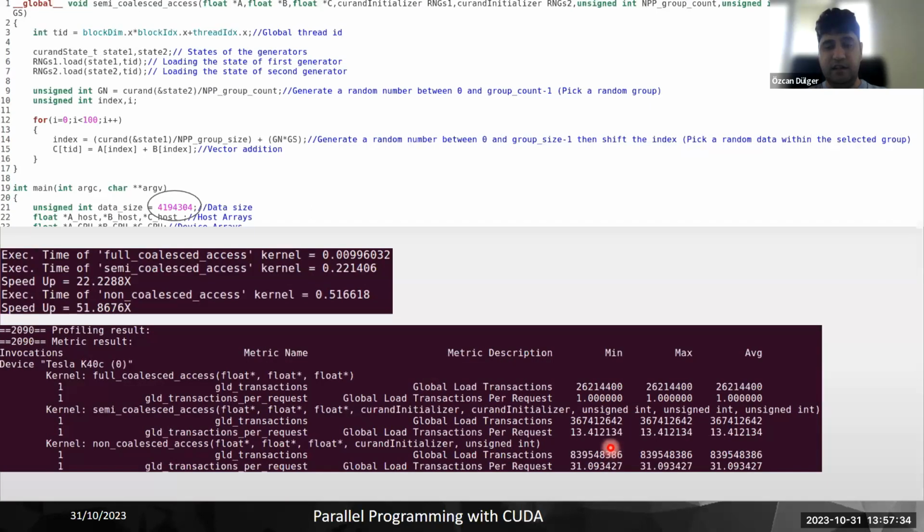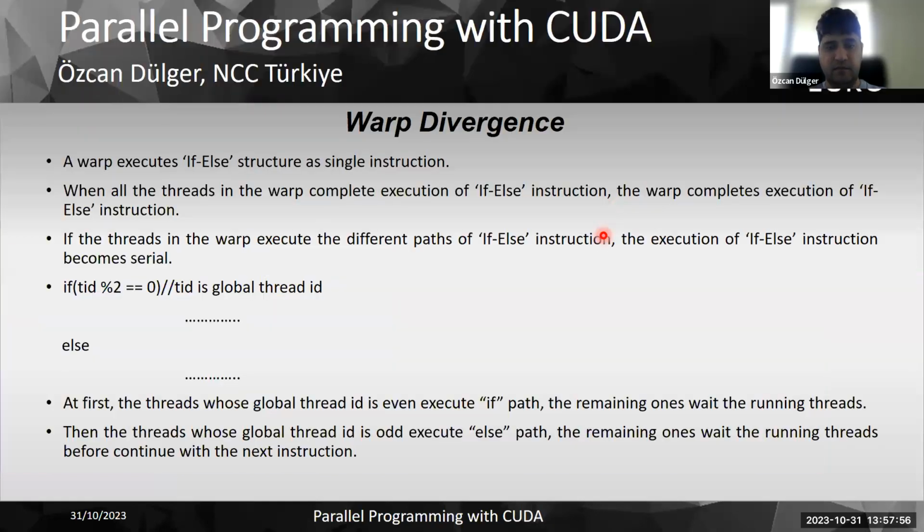And when we check the global load transactions per request, it is around 13.4. So this is also very close to 16. So we obtain a proper result from the profiler. Okay, let's continue with the next problem.